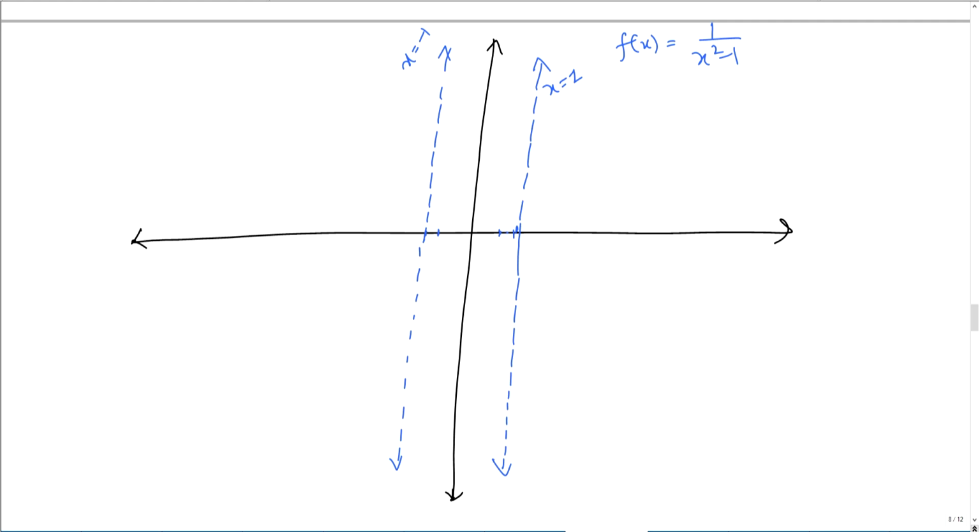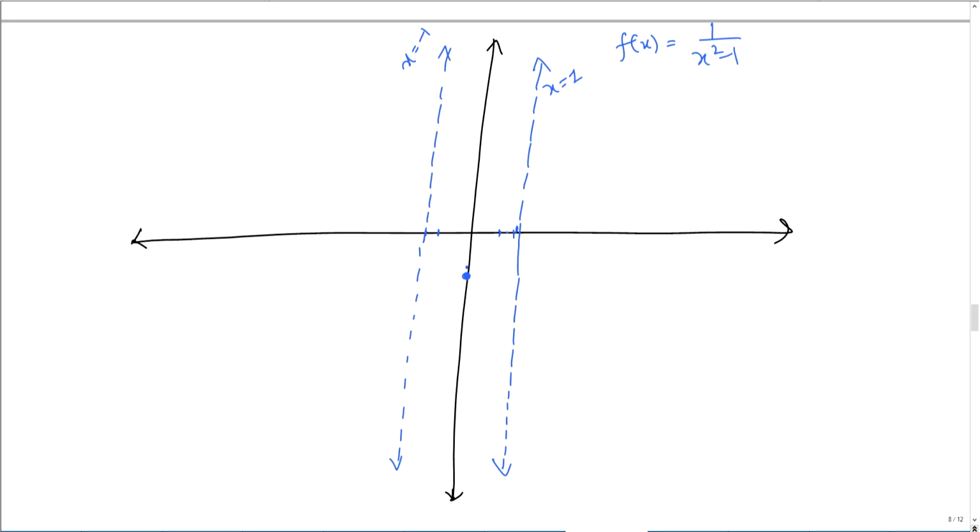When x is 0, the value of y is minus 1. So here. And when x is minus 1, then it's undefined.